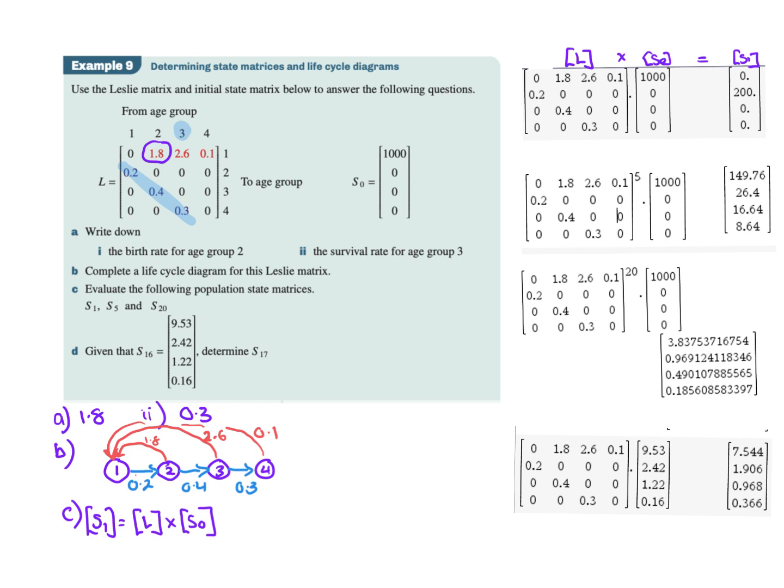Now, when they wanted S5, I'm going to use the power trick because I think that's the easiest. I've already typed pretty much all that information into my calculator. So you can see here, I've done the Leslie matrix to the power of 5 times S0, and there I got the answer, and that one would be S5.